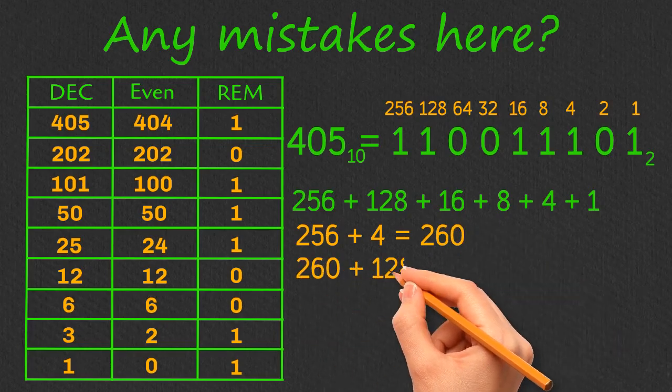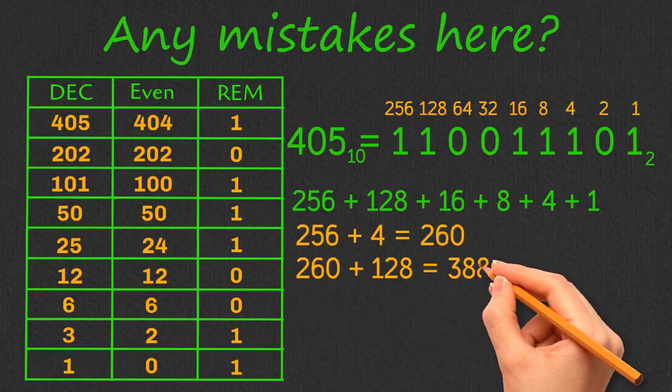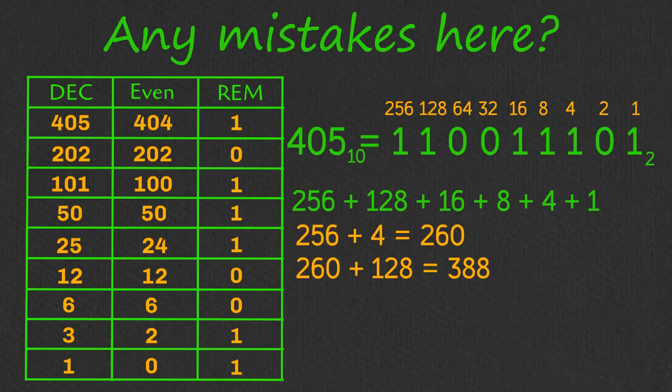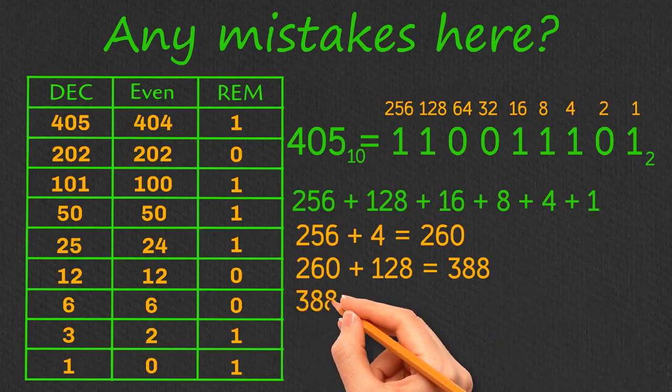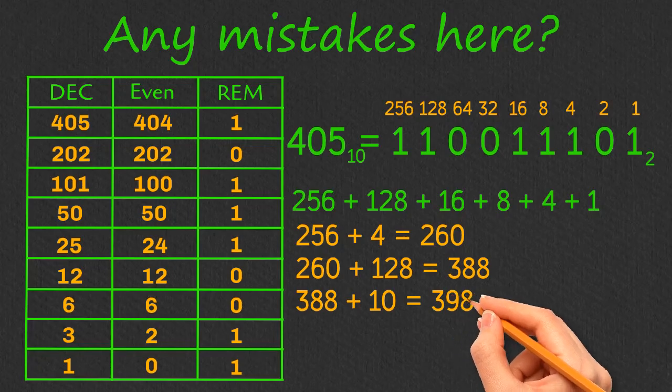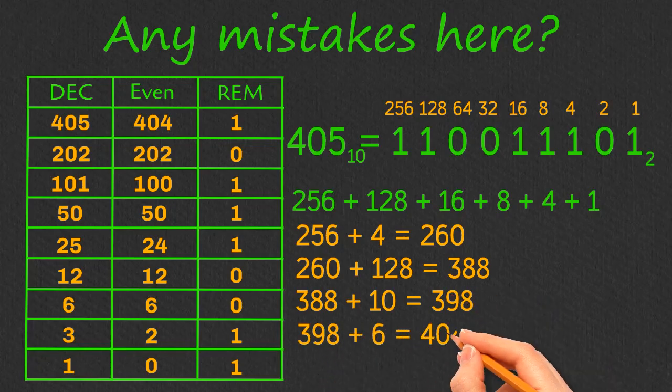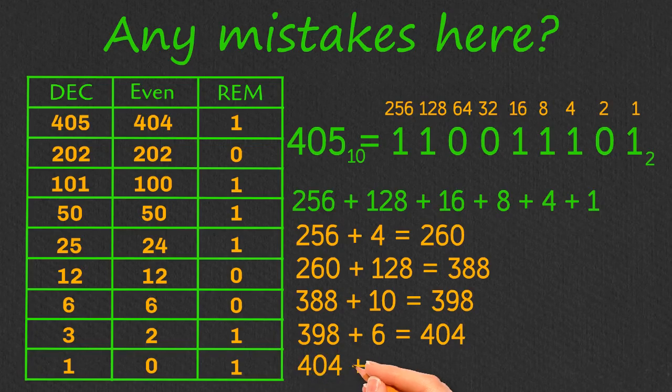Add 128 makes 388. We can add 16 in two stages. First adding 10 will make 398, then adding 6 will make 404. We still have to add 8 and 1, so we can add 9 to 404, which is 413 and not 405. So there is a mistake somewhere in the conversion process.